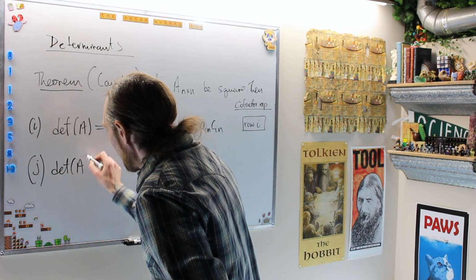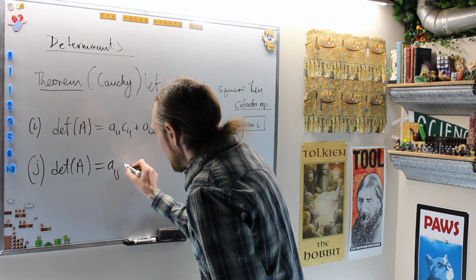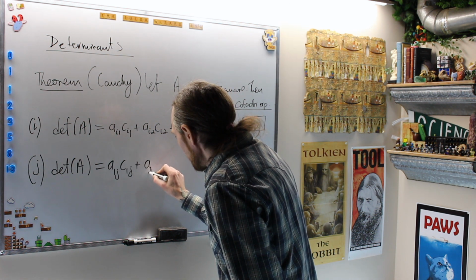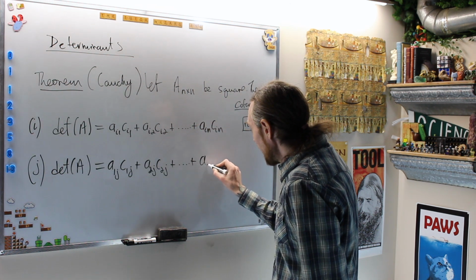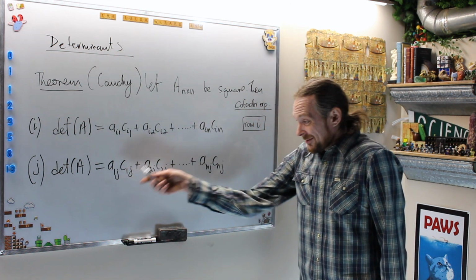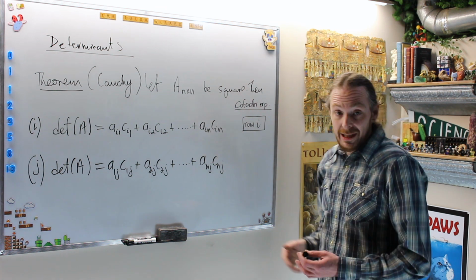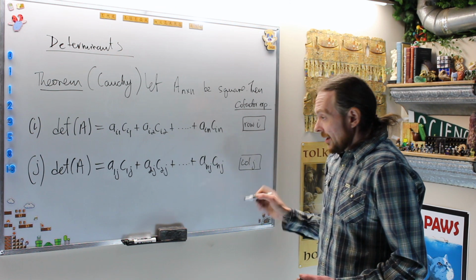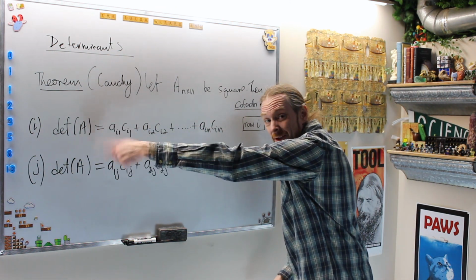The determinant of A will equal now A1j C1j plus A2j C2j plus dot dot dot plus Anj Cnj. Now the first index is changing because the rows are changing, but we're in a column now. That is column j. And notice that's saying equal, so all of these things are equal to each other because they're all equal to the determinant.